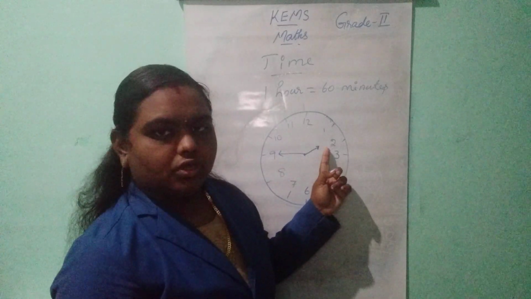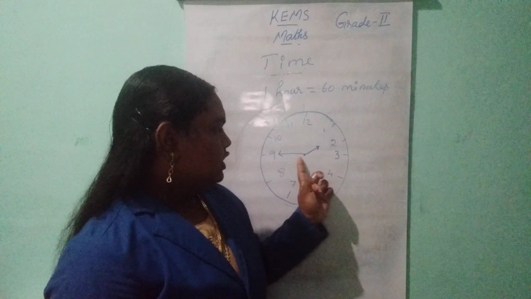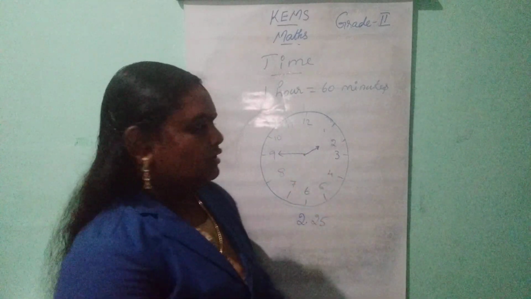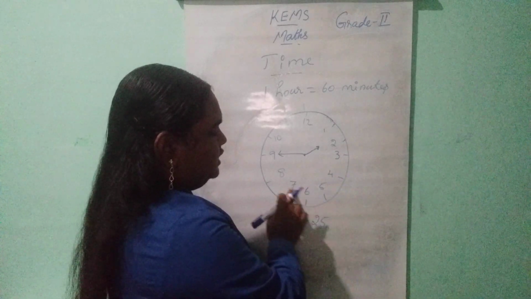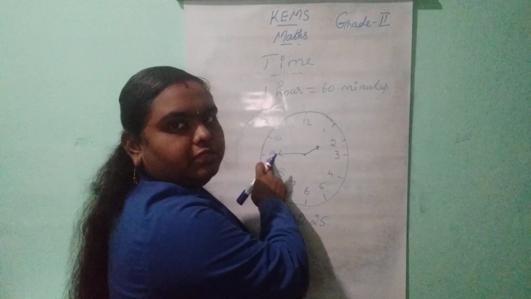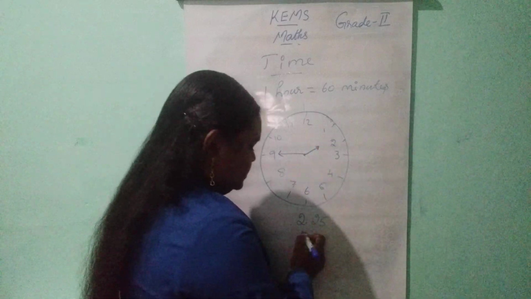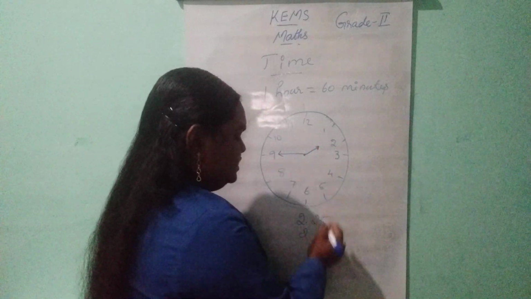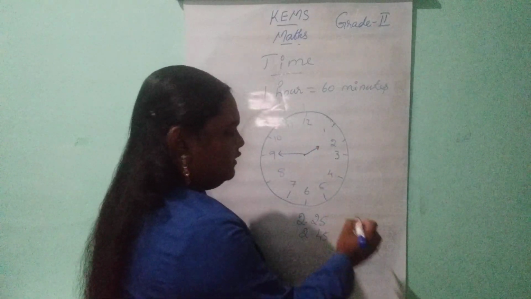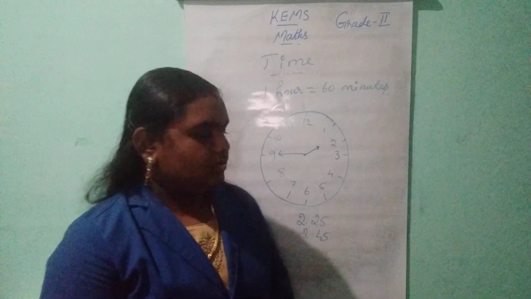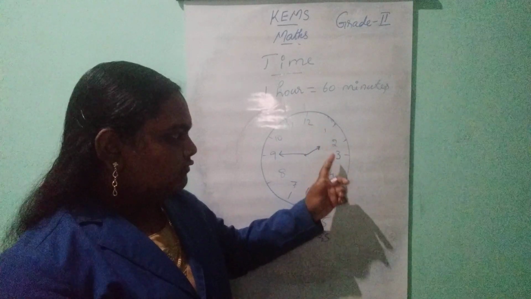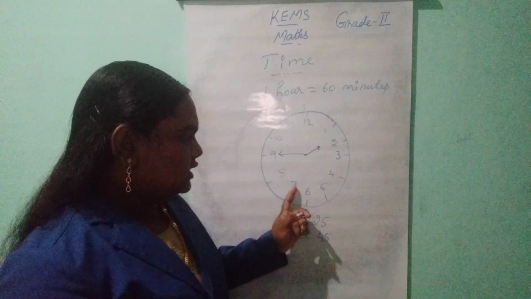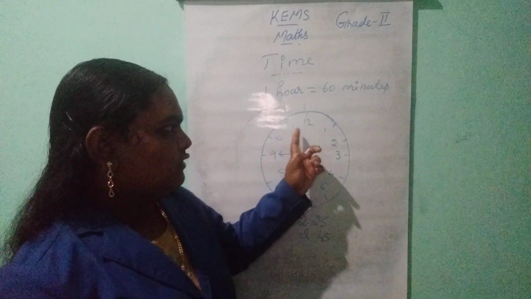The short hand represents the number 2, and the long hand represents the number 9. So 5, 10, 15, 20, 25, 30, 35, 40, 45. The first number is 2 and the second number is 45. You have to calculate like this: 5, 10, 15, 20, 25, 30, 35, 40, 45, 50, 55.